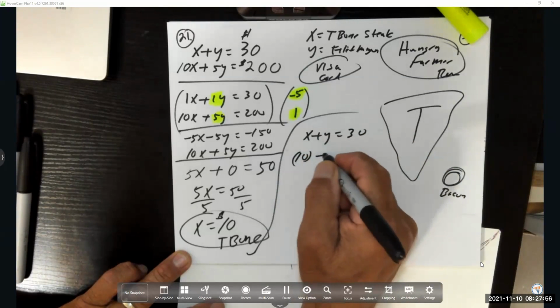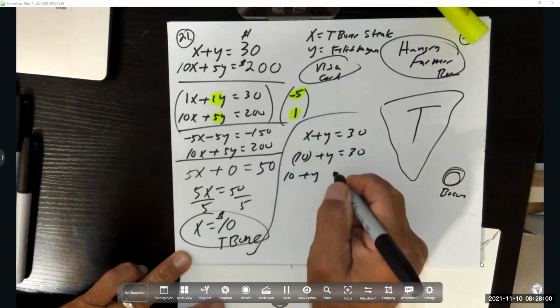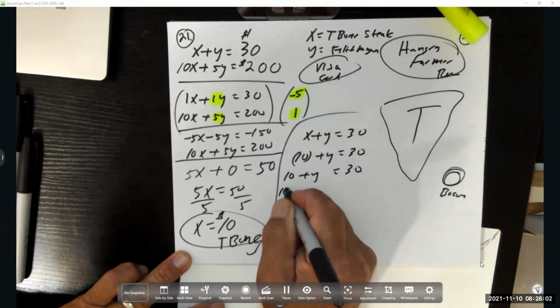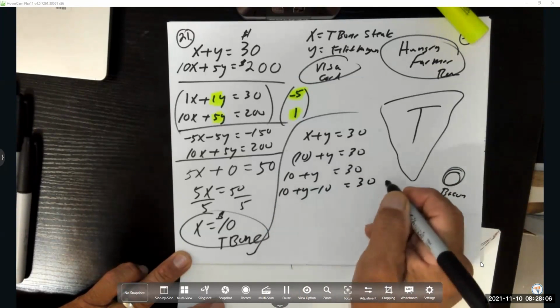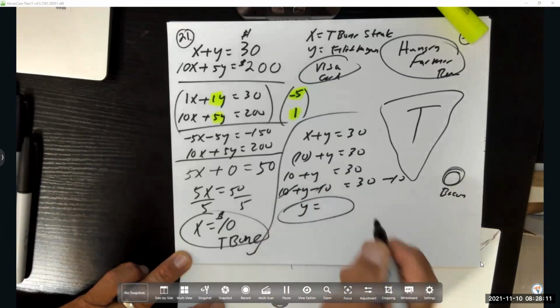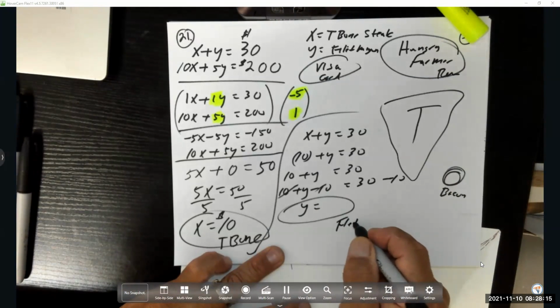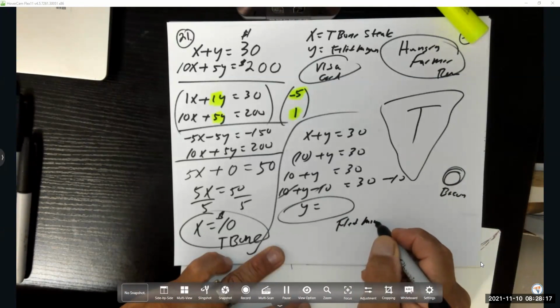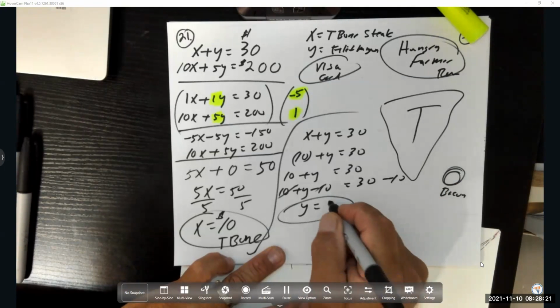So 10 plus y equals 30. So I'm going to subtract from both sides, a negative 10 and a negative 10. These are gone. So y equals what number? 20.